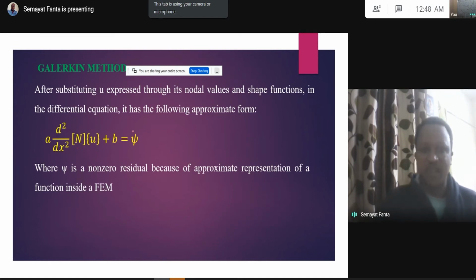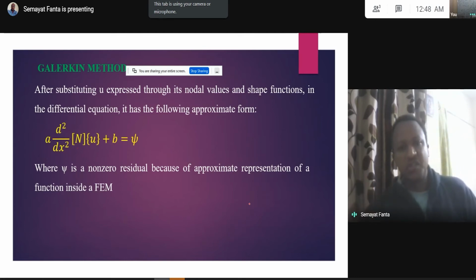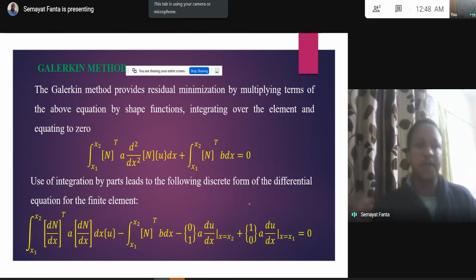Plus b is equal to psi. This psi is the non-zero residual, because of the approximation. So this is the representation.